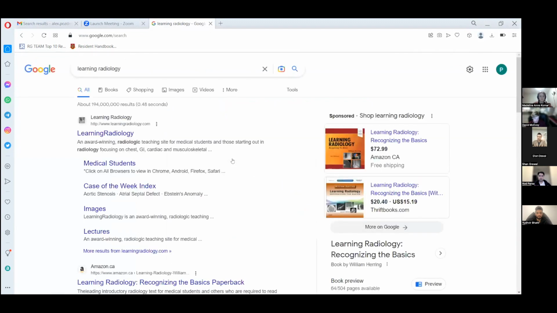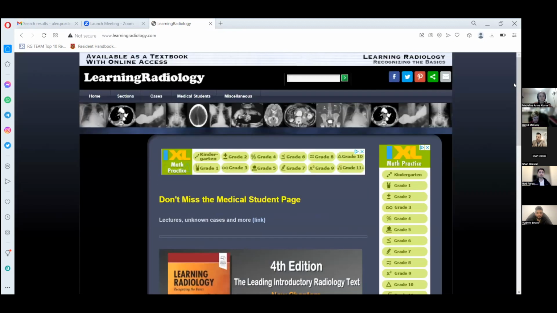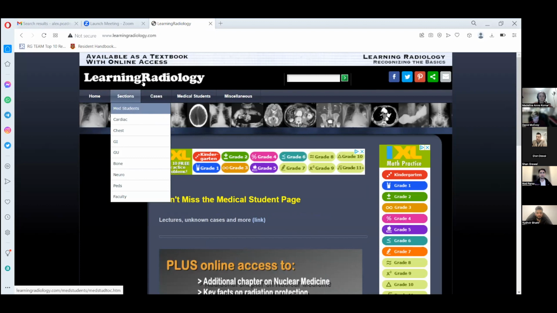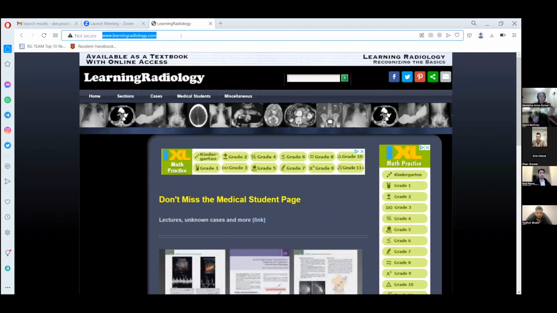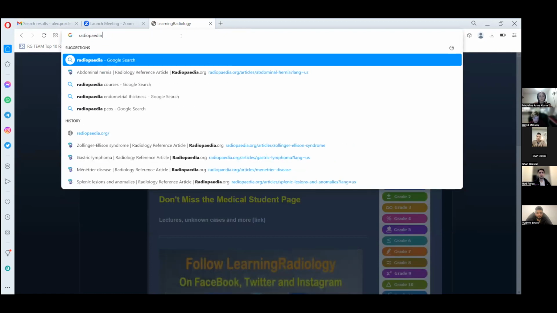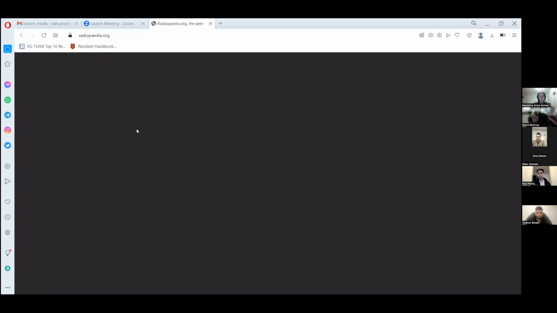I read it in medical school by the end of third year, and it has lots of really good images and cases. This whole website has lots of practice X-rays. You probably all know about Radiopaedia. It's good for looking up things. I have lots of things that I looked up on Radiopaedia.